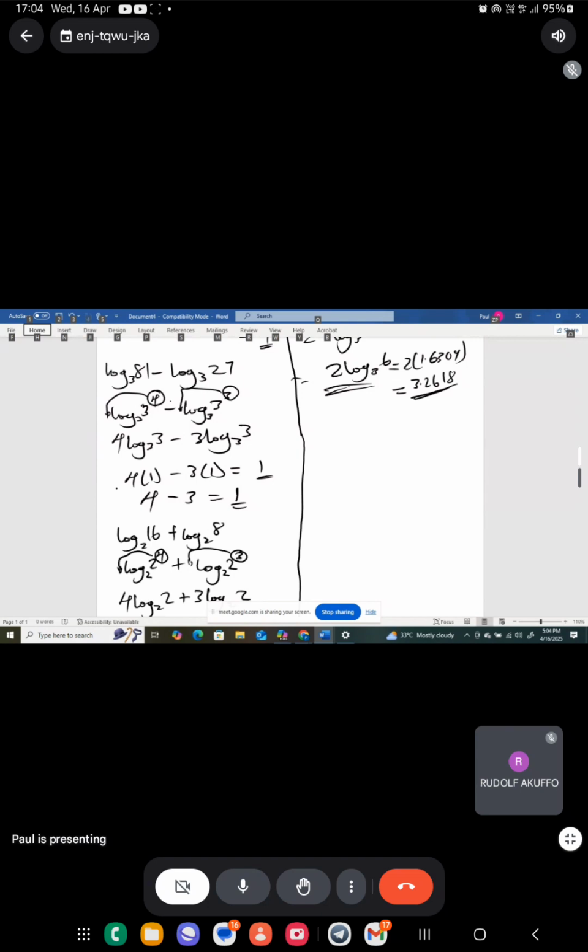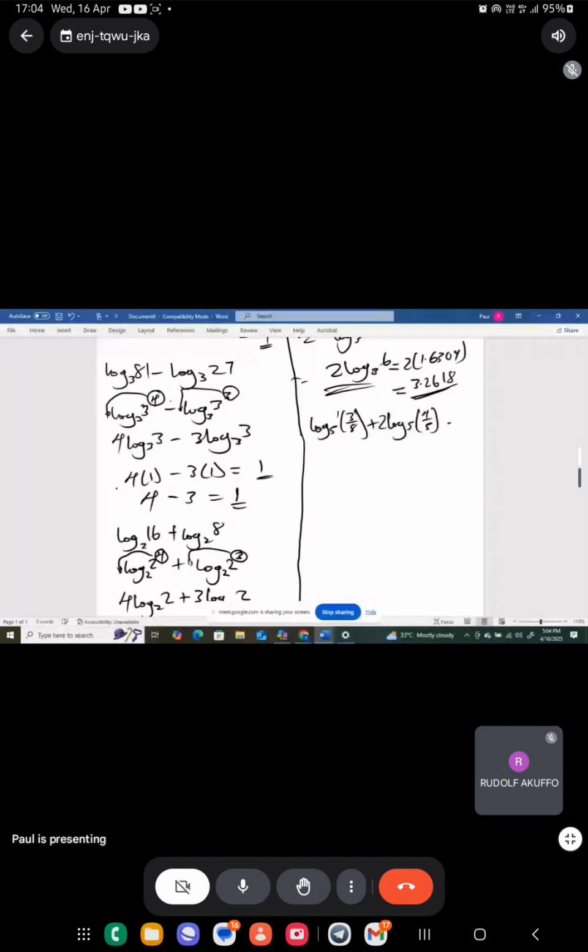So we have log base 5 of 3 over 8 plus 2 log base 5 of 4 over 5 minus log to the base 5 of 2 over 5.